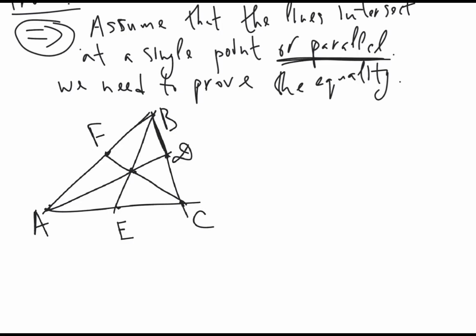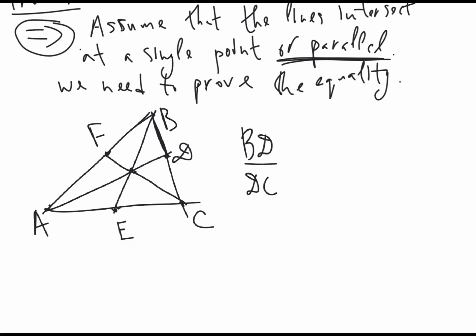Let's consider the ratio BD over DC. When the points are on the sides and not on the extensions, we drop the vectors, and it's just the segments.